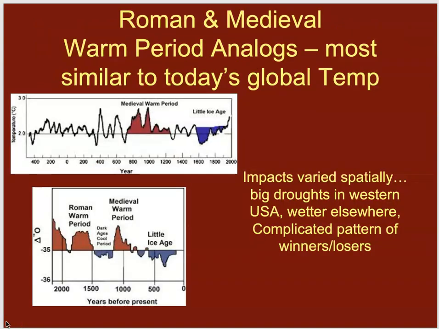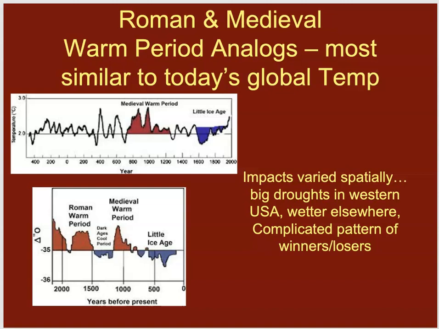I'm almost done. I have a very simple point to make: in the last cycle, or the last couple cycles of very tiny climate changes, the Roman warmth, the Dark Ages cold, the medieval warm period, and the little ice ages, and then today, no matter what change you get, the impact is spatially variable.